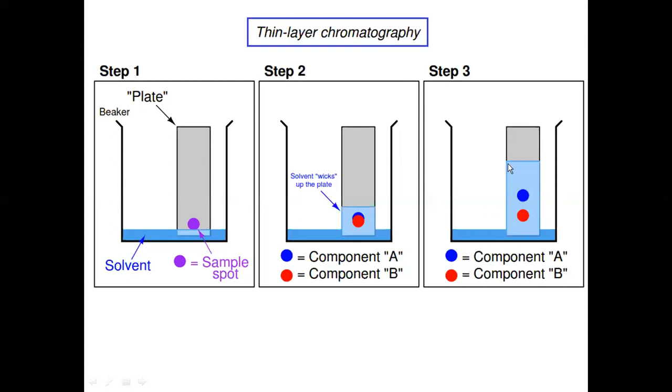So the mobile phase has moved up to this particular point, and this is the distance moved by the mobile phase. Component A has also moved along with the mobile phase, but not up to this point; it has stopped here. Similarly, component B has also moved, but its movement is slower compared to component A. You can see here a distinction in the positioning of component A and component B.